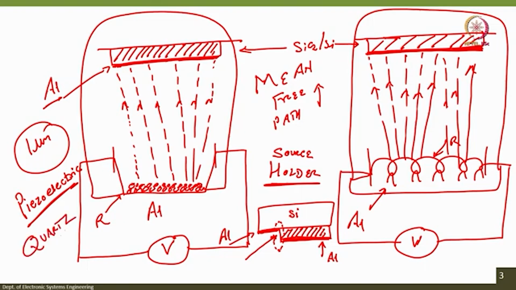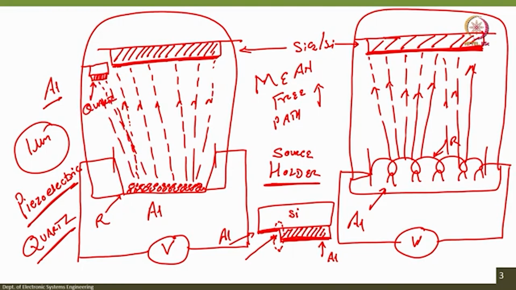So, a quartz crystal can be used to measure the thickness of this particular material. That means I can place a quartz in this region. This is a quartz.